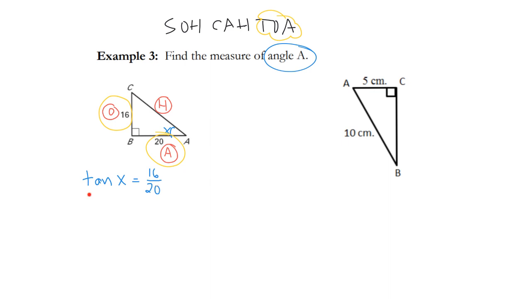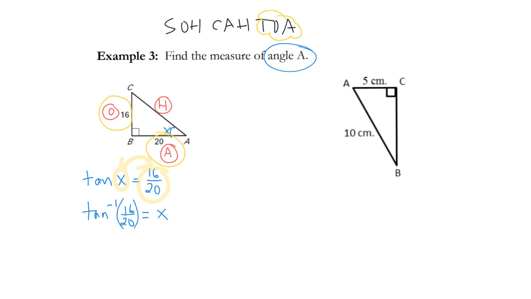Again, if it's saying tangent of a variable, we're not going to use our cross multiplying. We're going to use inverse trig. So tangent inverse, this is where we swap them around. So we do tan inverse of 16 over 20 is equal to X. And again, maybe putting that in parentheses is a good idea.